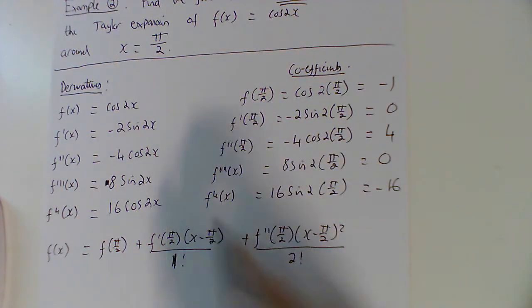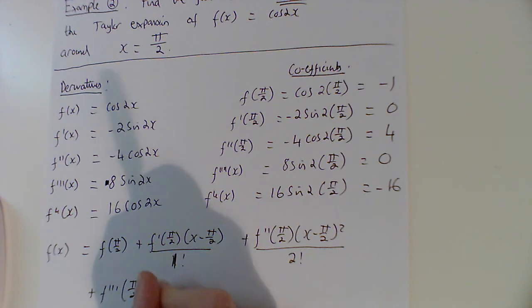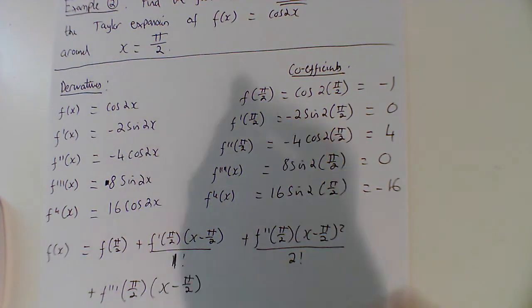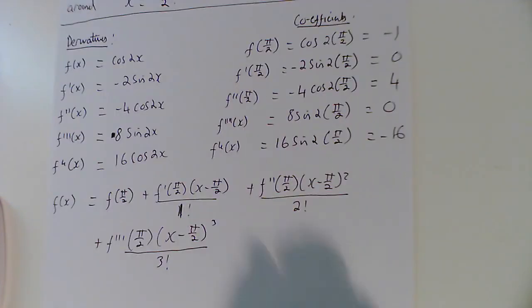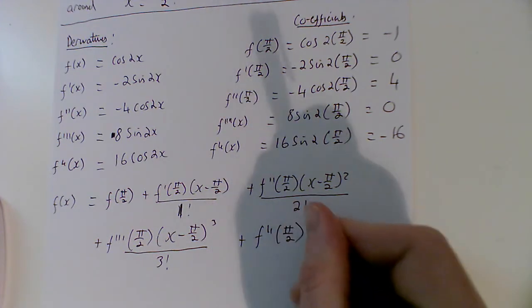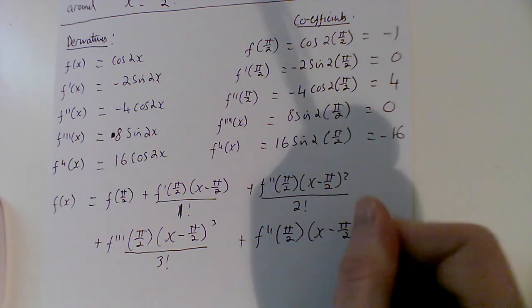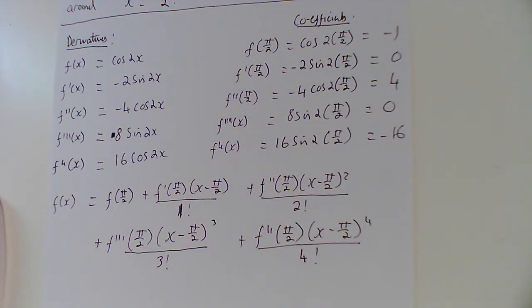And remember, we need to go up to the fourth derivative, so I'm just going to keep going with that. Triple dashed pi by 2 times x take away pi by 2 cubed over 3 factorial plus the fourth derivative of pi by 2 times x take away pi by 2 to the power of 4 over 4 factorial. So there we go.